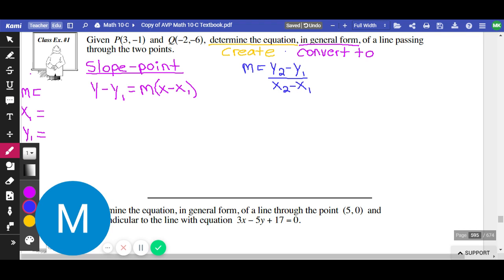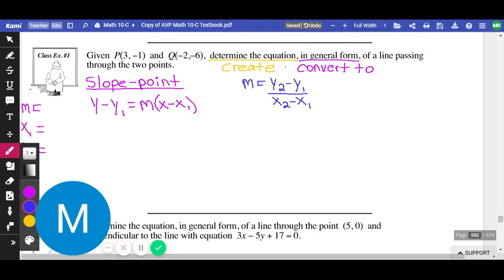The trick is to go to your 2 points, name one of them point 1, name one of them point 2. It doesn't matter which one's which. I'm just going to say this is point 1, so I call this x1, y1. Call this x2, y2. And then just be very careful putting my numbers in.